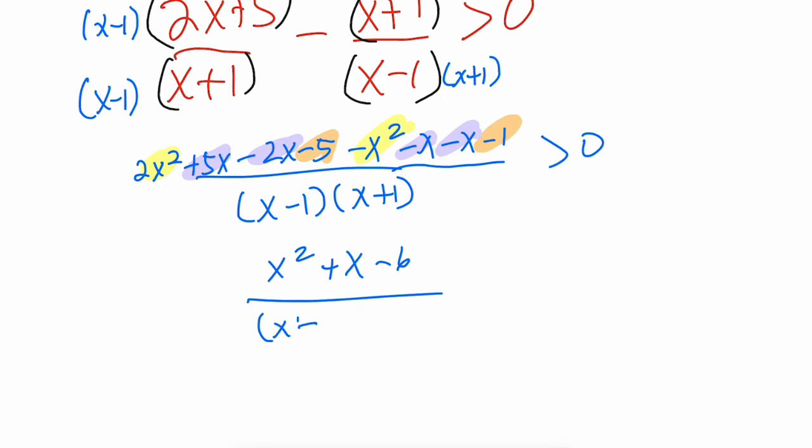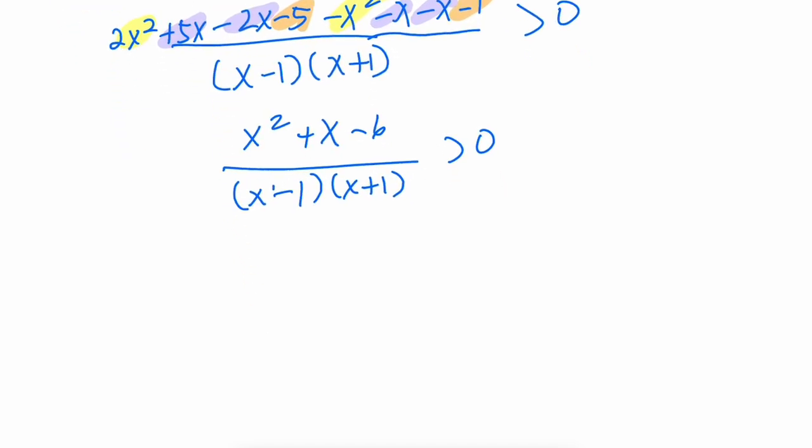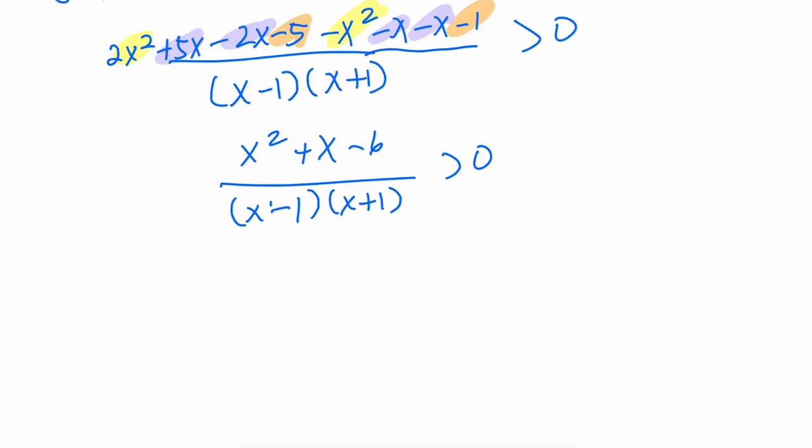So what we started with, that big long list, became pretty nice, but it's still not in factored form. Now, the zeros at the top can always happen by the quadratic formula since it's a quadratic. So if you are not great at factoring, feel free to find those zeros using the quadratic formula and then put them on the number line. But that is a nicely factorable quantity that factors to be x plus 3 and x minus 2.